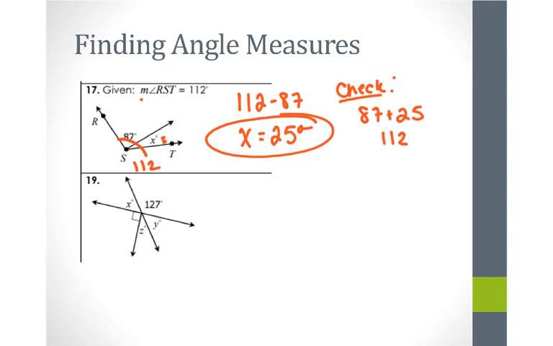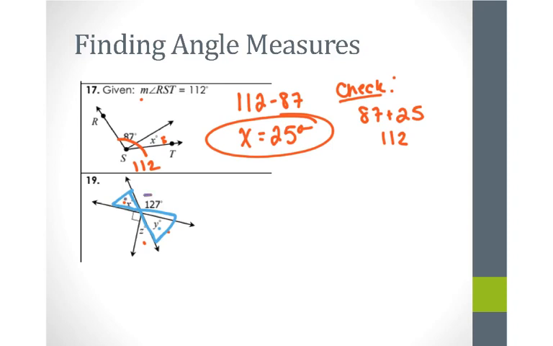Alright, 19. 19 is a little more difficult because there are 3 parts that you have to solve for, okay? If I notice, though, X and Y end up being vertical. So once I know what X is, I can know what Y is. Now, to get X, X is right here.